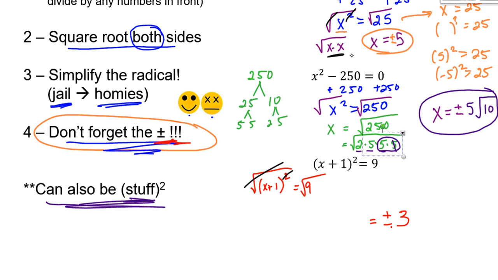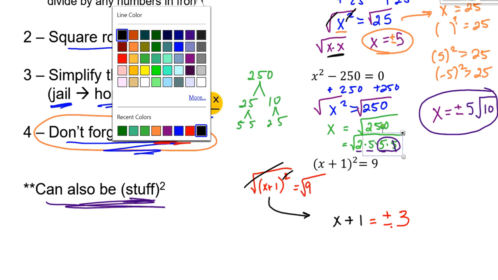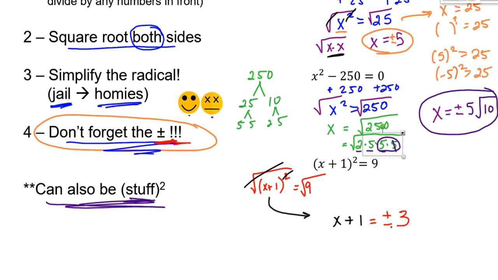They still can have a homie to work with. They're just bigger. Okay, so this now is going to become x plus 1 equals that. And of course, that's not finished. I need to have x all by itself. So I'm going to come in and I'm actually going to finish solving this. And you do that by subtracting 1.